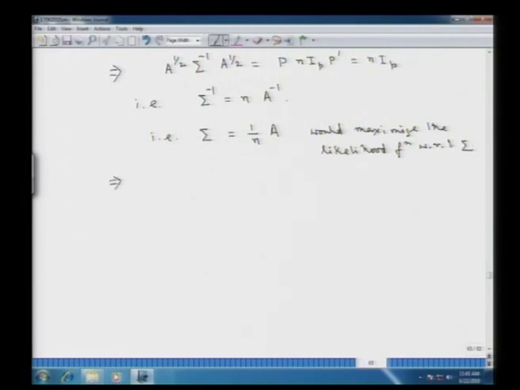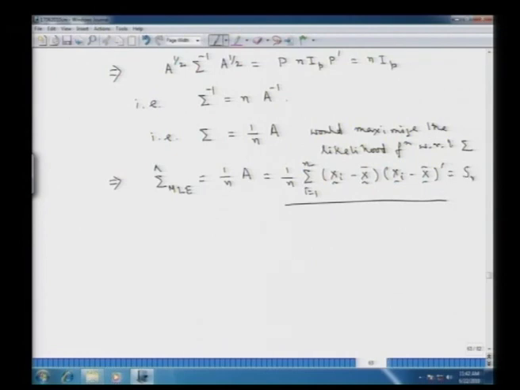And what is that? This would imply further that this sigma hat, the maximum likelihood estimator, is going to be 1 upon n times A, and if you remember, A is that cross product matrix, the sum of x i minus x bar times x i minus x bar transpose, i equal to 1 to n. This thus is the maximum likelihood estimator, which in our previous notation is nothing but S n.